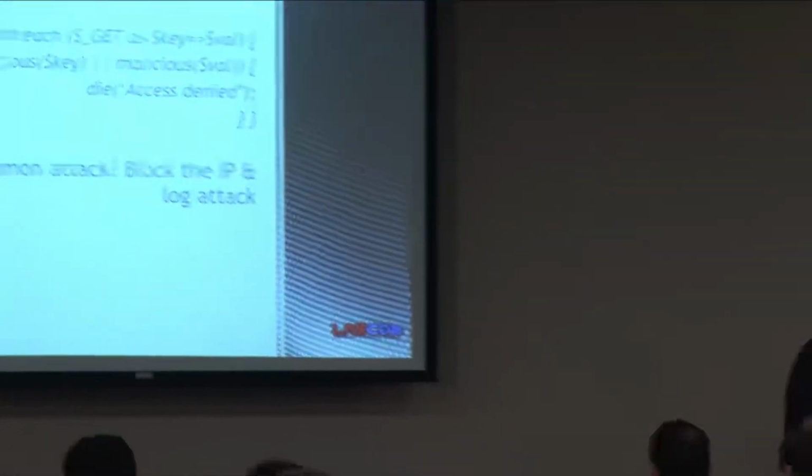That's the general idea here: we'll run through all of the things being posted to our application, look for anything potentially malicious, and killing the request is a fairly safe option.